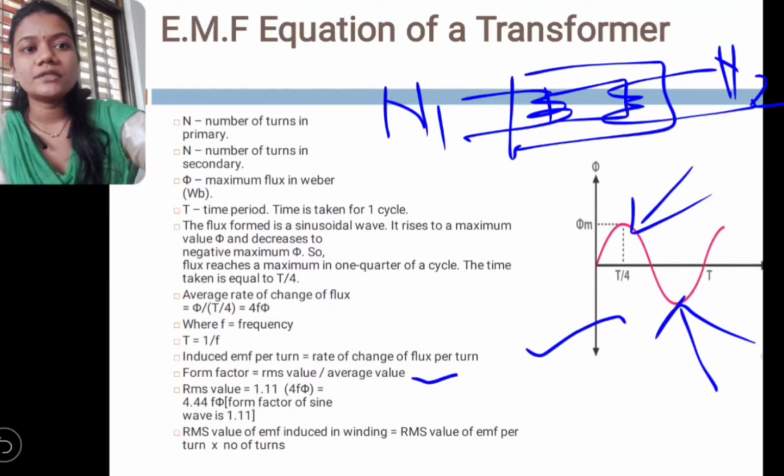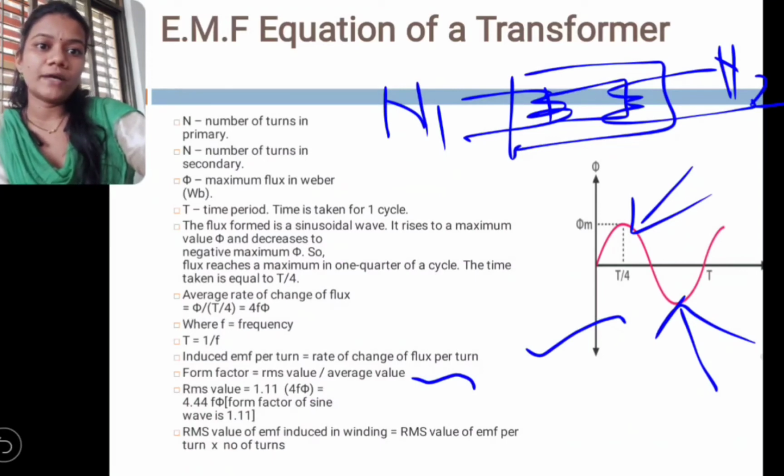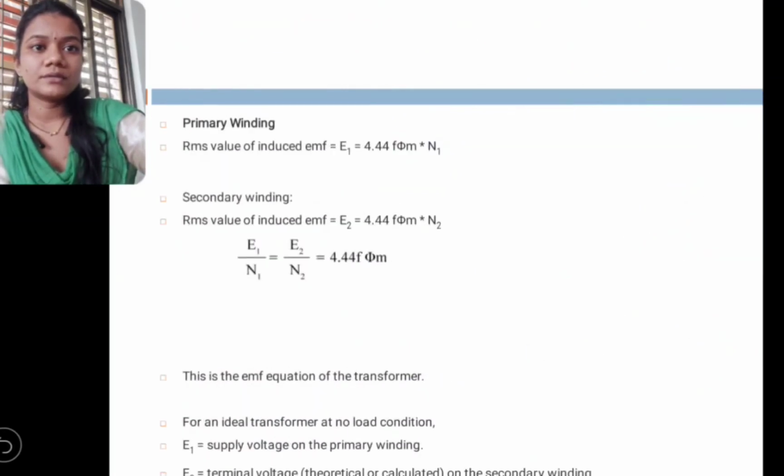The RMS value is 1.11 into 4f phi, so the RMS value is 4.44 f phi. The RMS value of EMF induced in the winding is equal to the RMS value of EMF per turn times the number of turns.